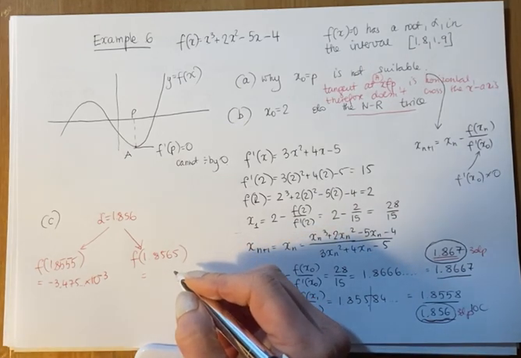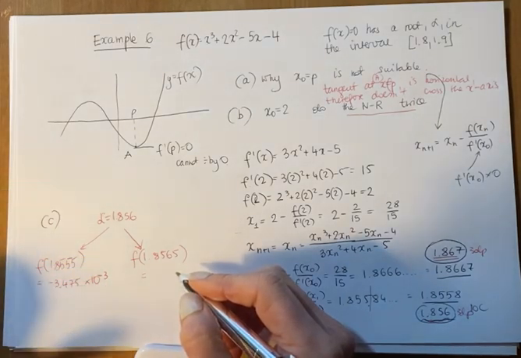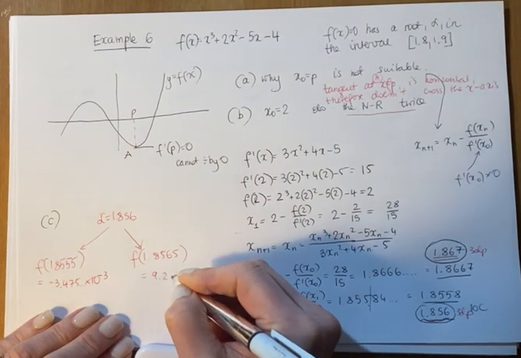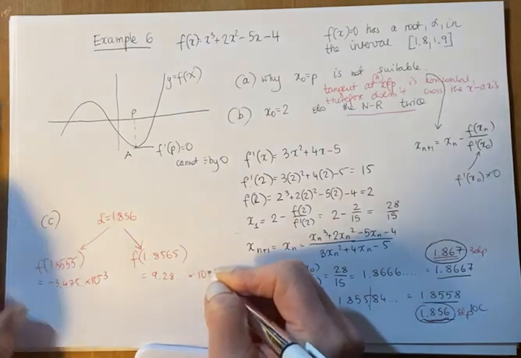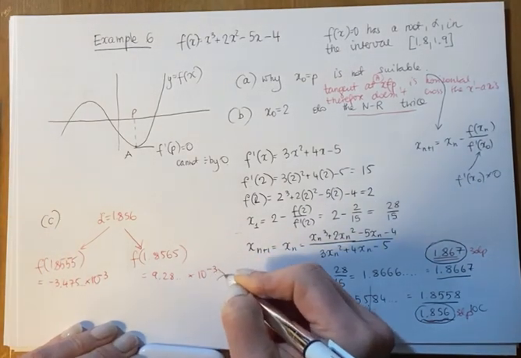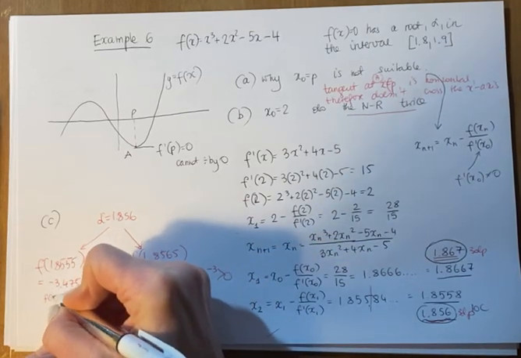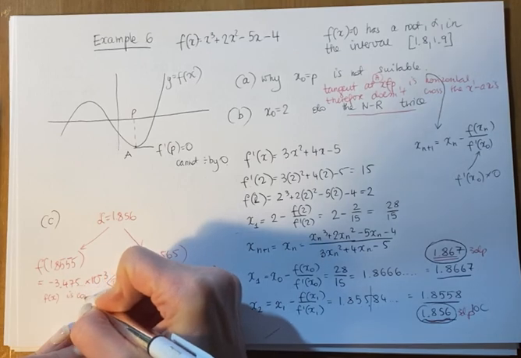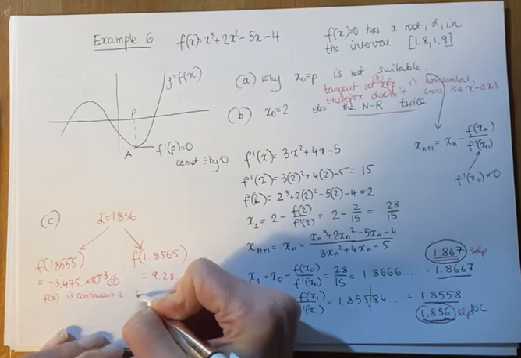And then put 1.8565 equals, scroll up, equals again. That gives me 9.28 times 10 to the power of minus 3. That's greater than 0, that's less than 0. So f of x is continuous and there is a sign change.